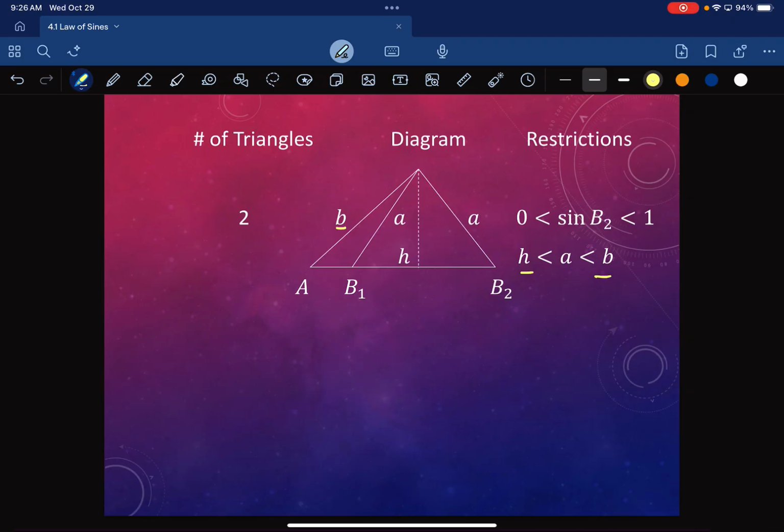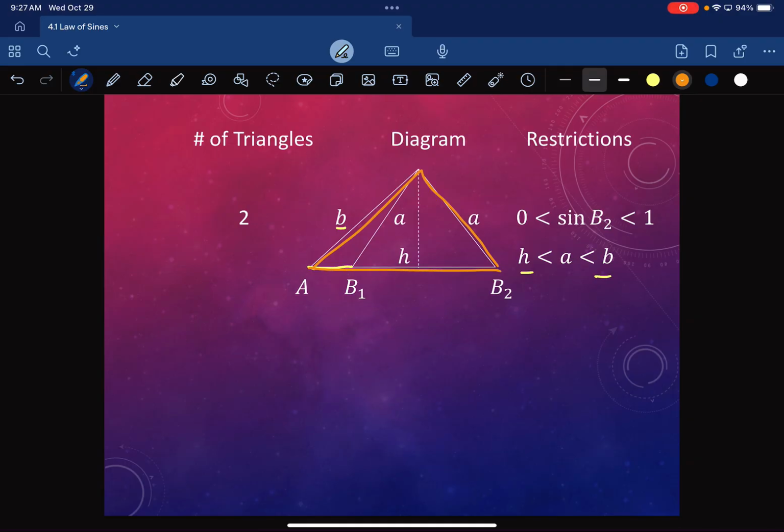The length for A is between the height and B. It's not bigger than it like it was on the last one, it's between it. And when this happens, what we could have had is the side going like this down here and creating an obtuse triangle. So here's one obtuse triangle. Or we could have the acute triangle showing up on the outside here.